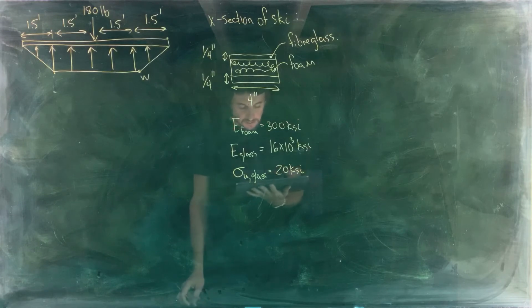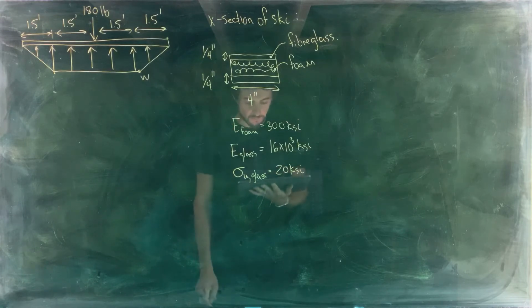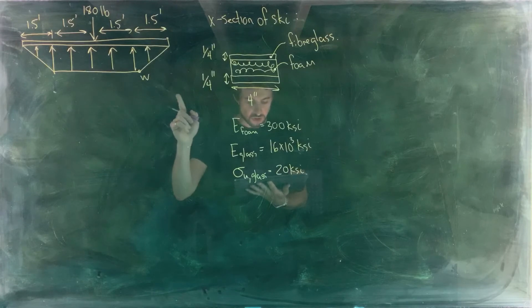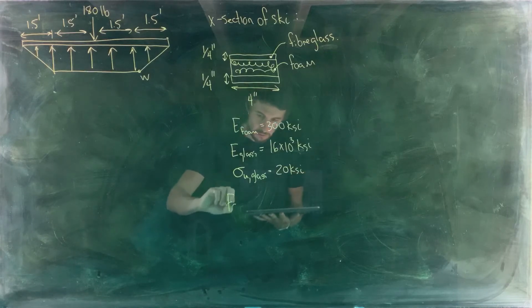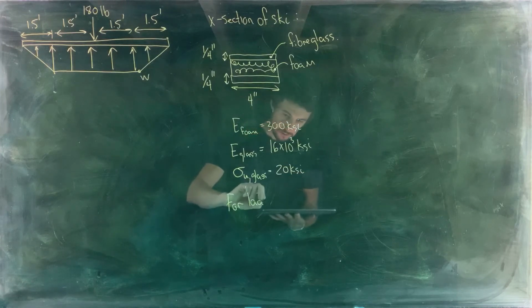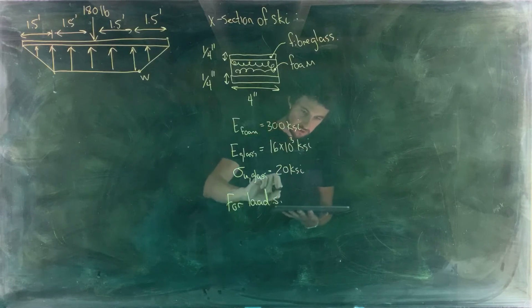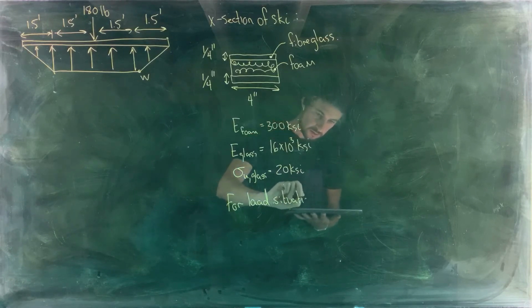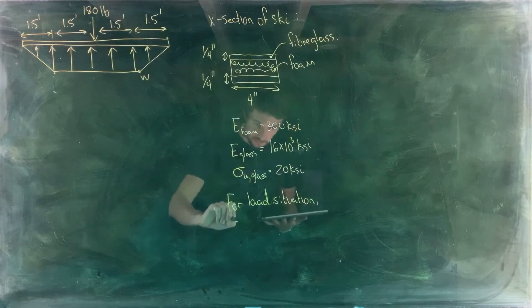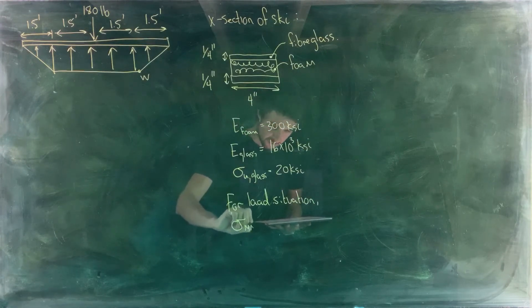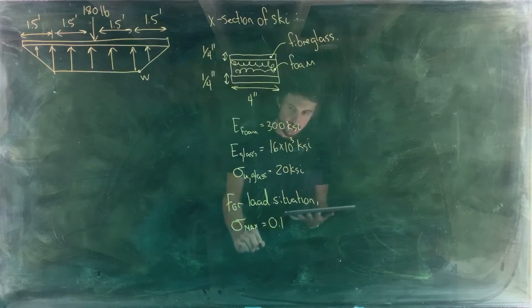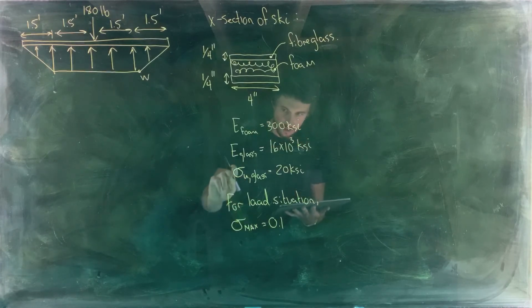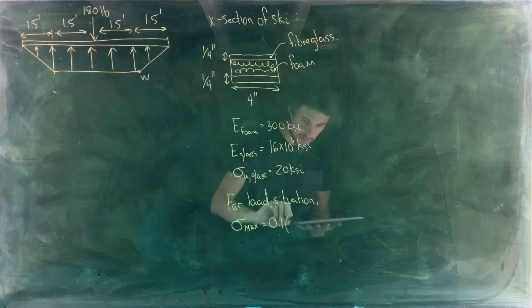If the maximum bending stress for the loading situation shown should be 10% of the fracture stress, then the maximum stress due to bending should be 0.1 multiplied by the fracture stress of the fiberglass.